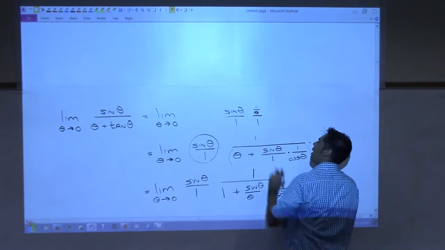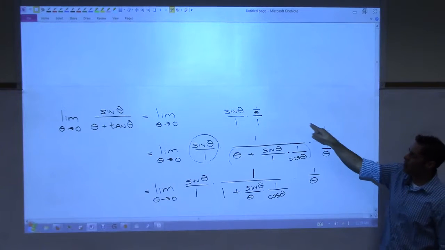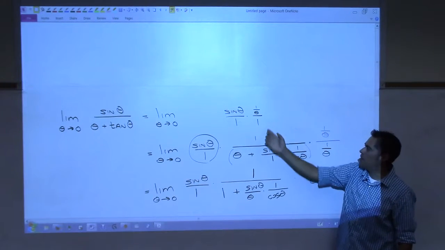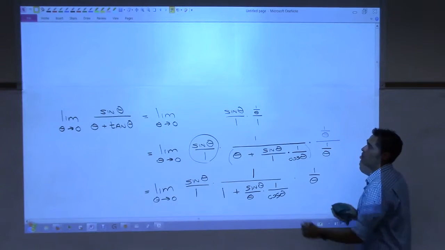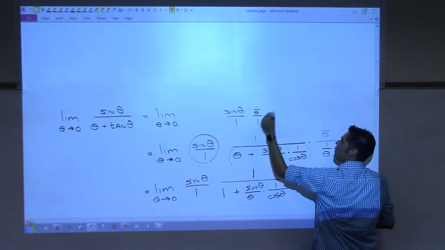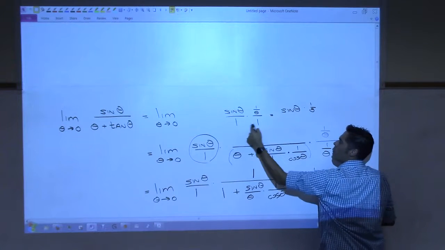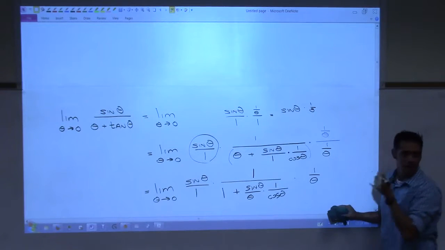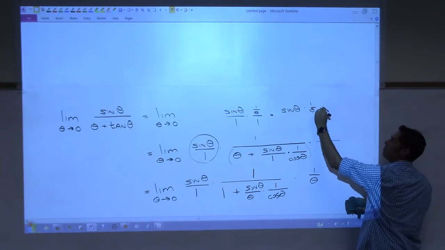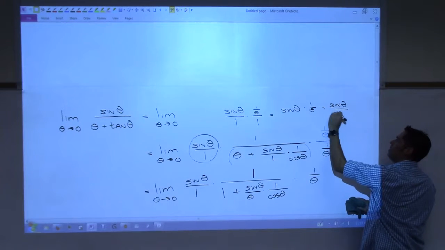I think that's the problem you're having, is like you want to make that be on top, right? Yeah. Okay, go ahead, multiply across right now. What would you get? This times this, and then over 1 times 1, which is 1, which is this, right? And that is sine theta over theta.